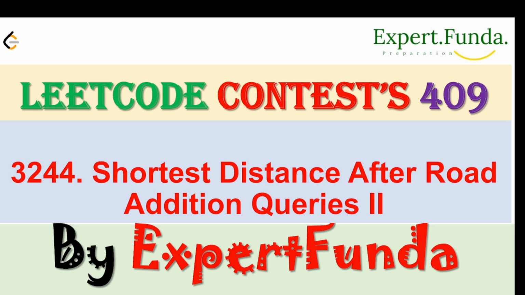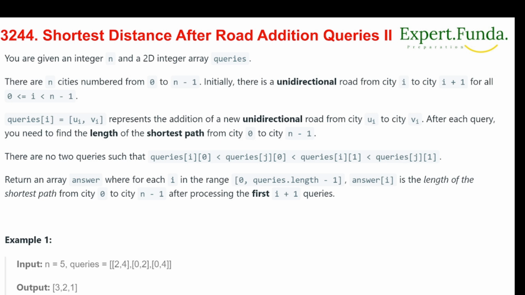Okay, let's continue. The question we have here is 3244, Shortest Distance After Road Addition Queries 2, and the question is saying that we are given an integer n and a 2D array of integer queries. There are n cities, numbered from 0 to n-1. Initially there is a unidirectional road from i to i+1 for all cities, where i is greater than or equal to 0 and less than n-1.